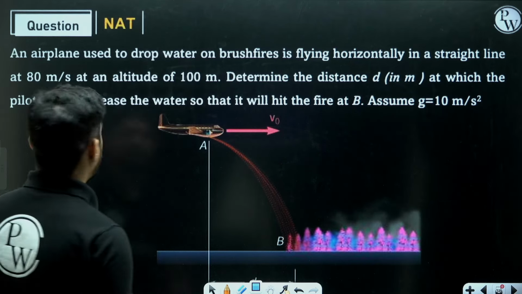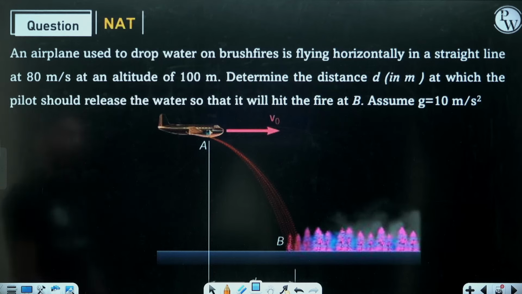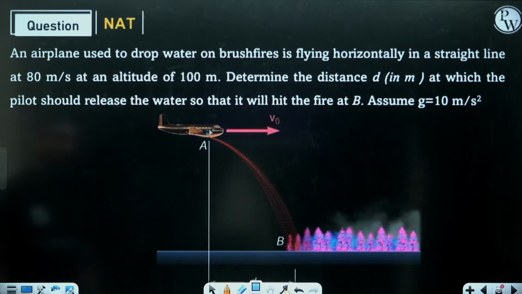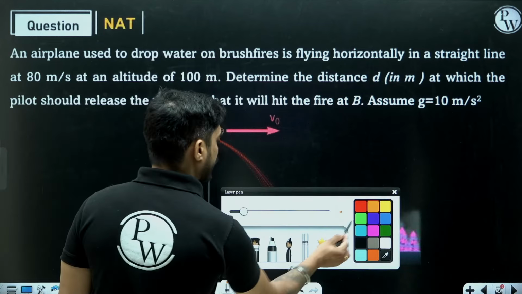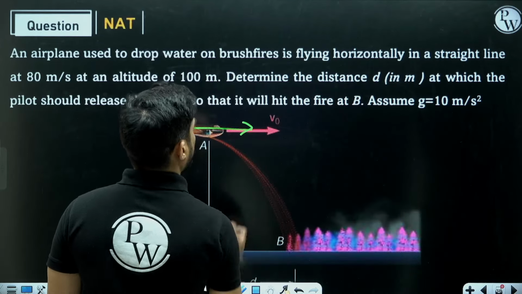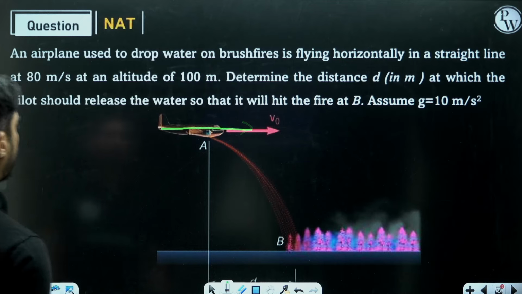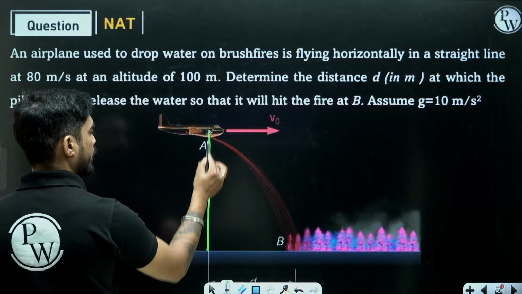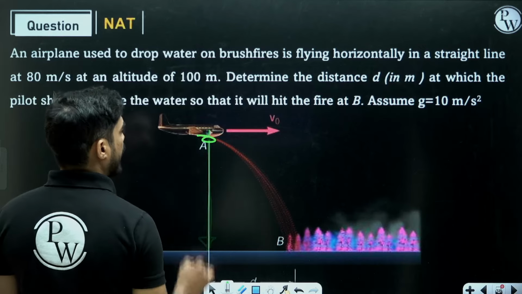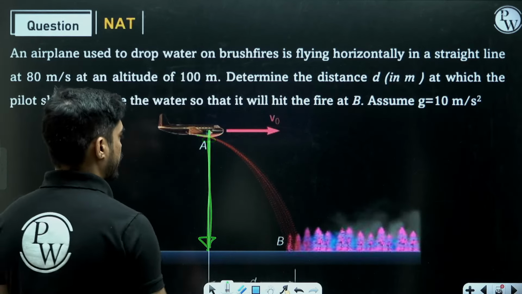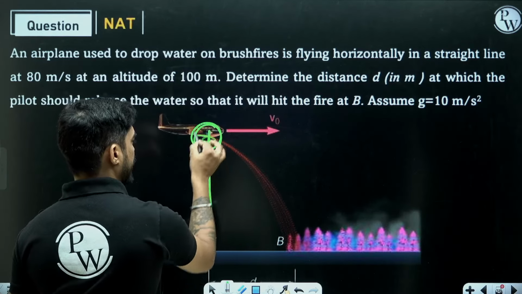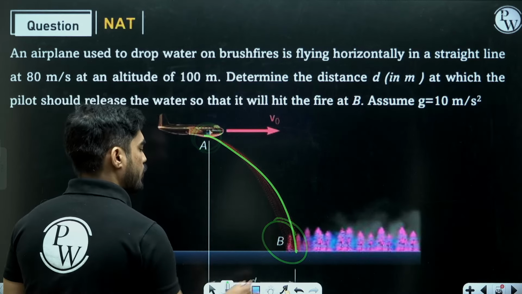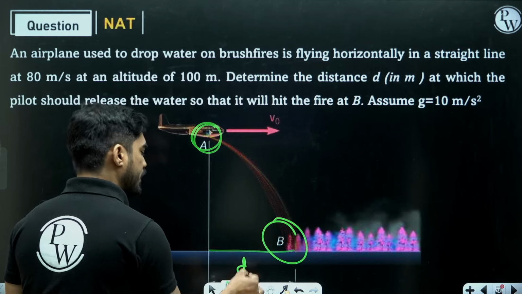Determine the distance at which the pilot should release the water so that it will hit the fire at B. So the plane is flying horizontally at 80 meter per second at a height of 100 meter. You need to release the water at point A so that it hits the bushes at point B. So what is this horizontal distance D?